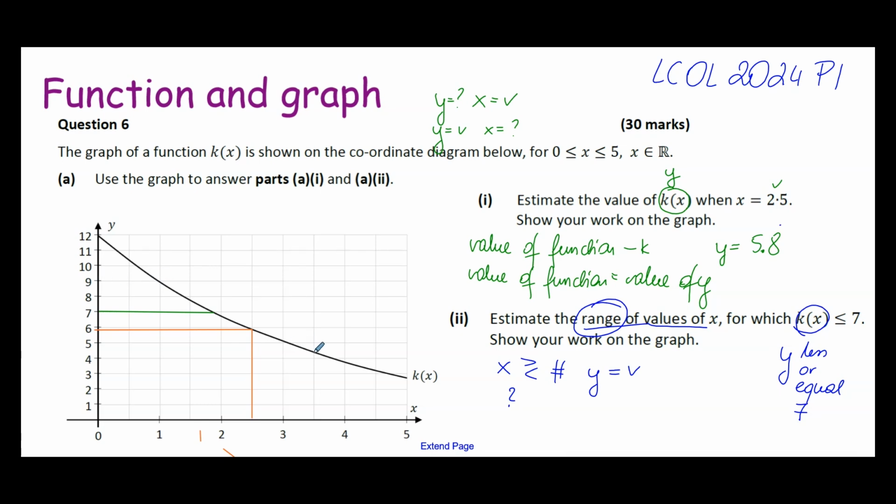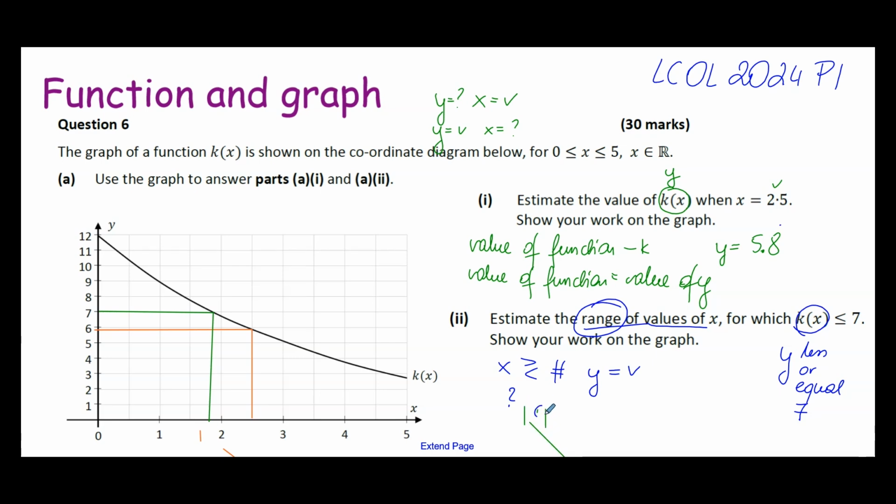But if I look at this point here, the value of y will be 4.5. So from 7, we now go down to x to find the corresponding value of x. My line is not very straight, but the value of x that we should be getting if our line was straight should be 1.9.